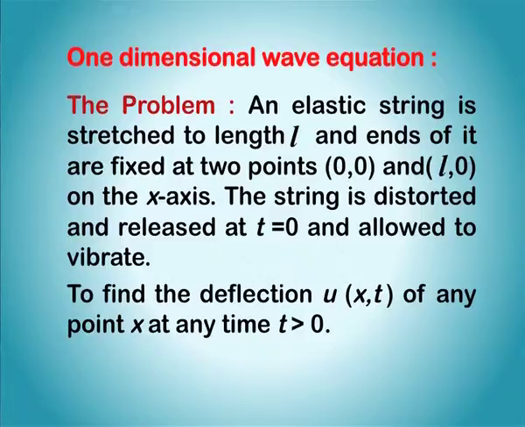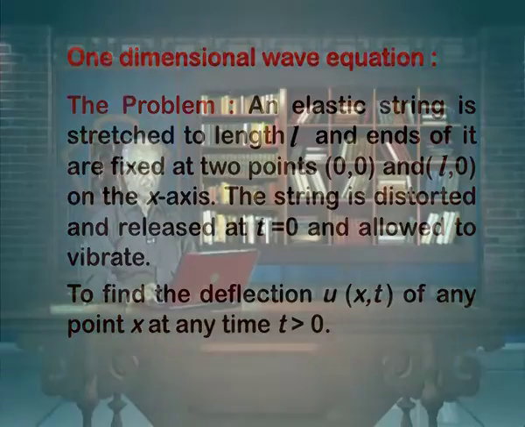The string is distorted, we give a vibration to it, and then it is released at t equal to 0, that means the time when it starts, allowed to vibrate, keeps on vibrating. To find the deflection, the deflection is given by a function u(x, t), where t is time and x is the variable of any point at a certain time which is positive, greater than 0.